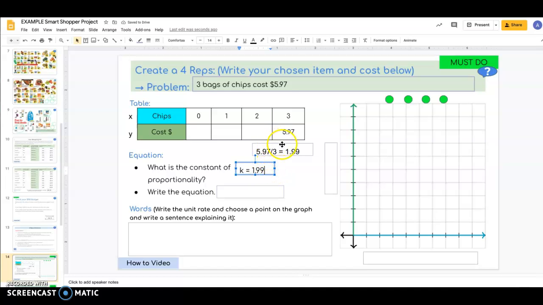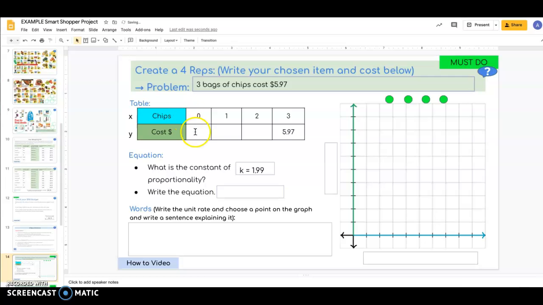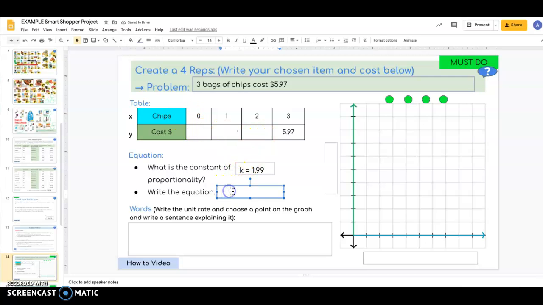So now that's what I'm going to use to multiply by X to find Y. Because remember, our equation tells us that Y, so all of these values here, are equal to K, which is $1.99, times X. So all of our Y values are going to be K times whatever the value of X is.